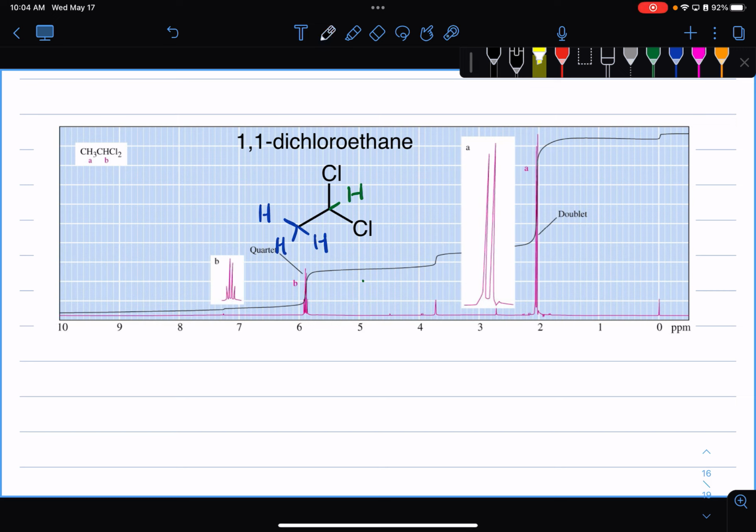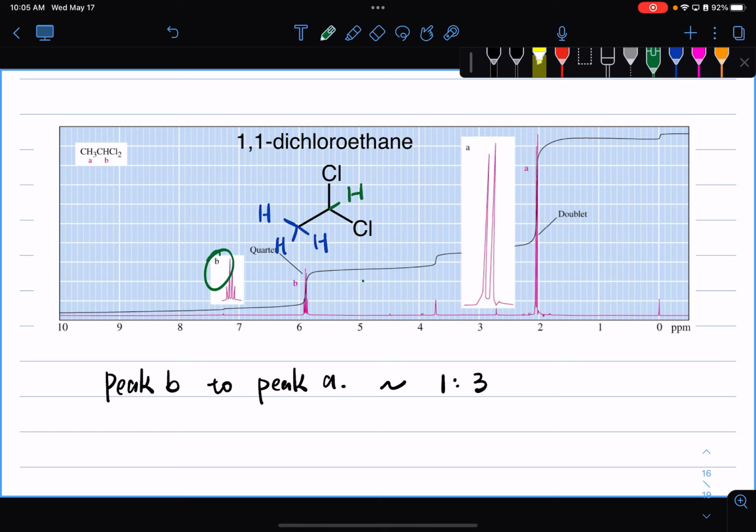We look at the integral, and we realize that the ratio from peak B to peak A is about 1:3. So the hydrogens corresponding to my peak B, which is here, to the hydrogens corresponding to my peak A, is about 1:3. That says my peak B is likely to be my green hydrogen, and my peak A is my blue hydrogens. So you can use the integral.